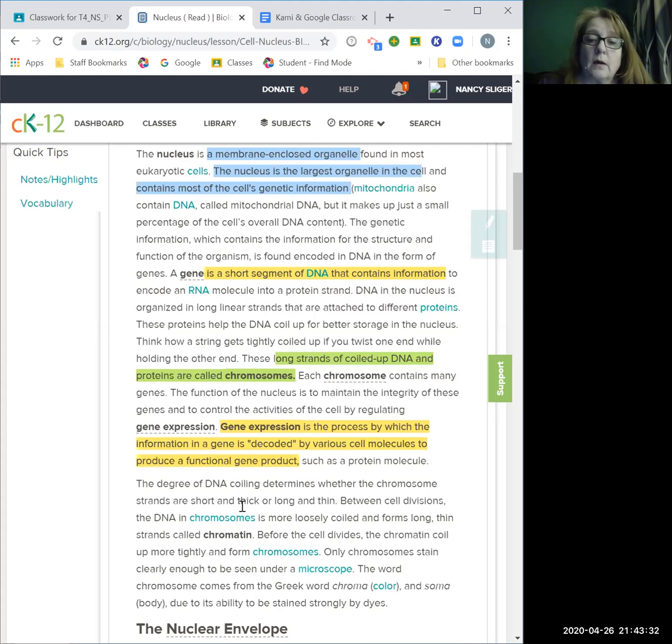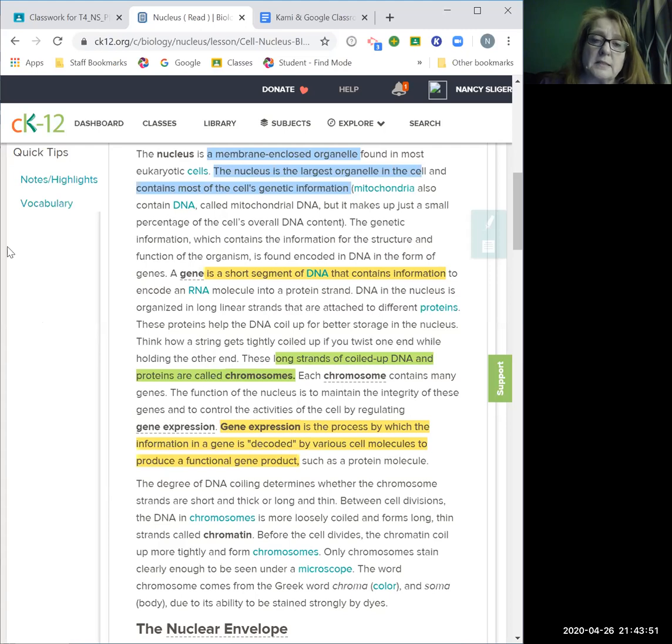Now, you heard me talk about the nucleus. The DNA is inside the nucleus, and the short segments of the DNA are called genes.